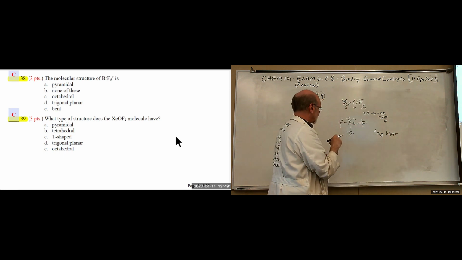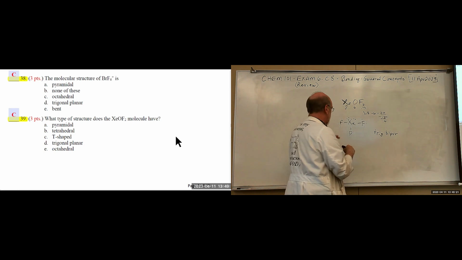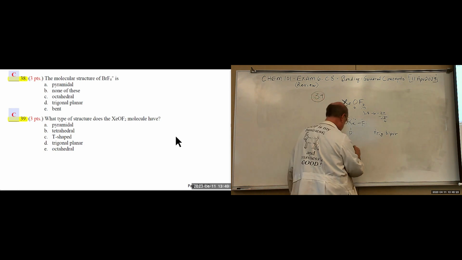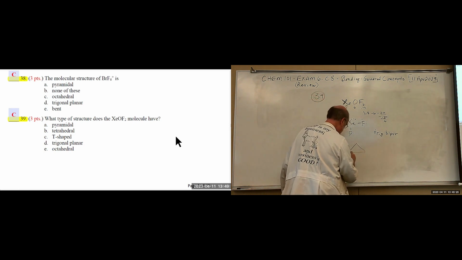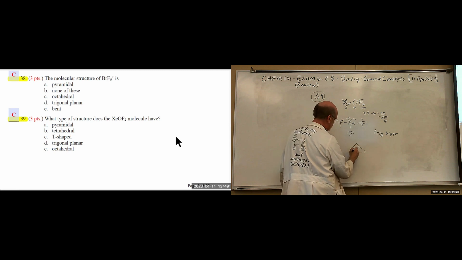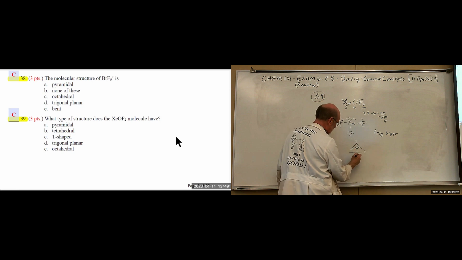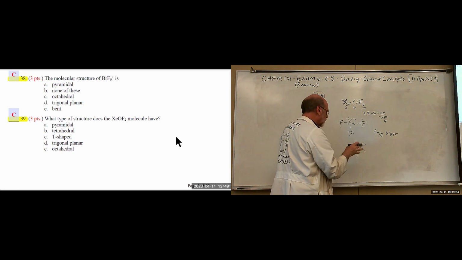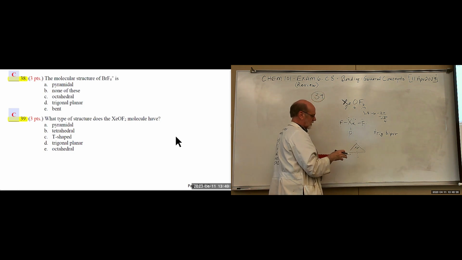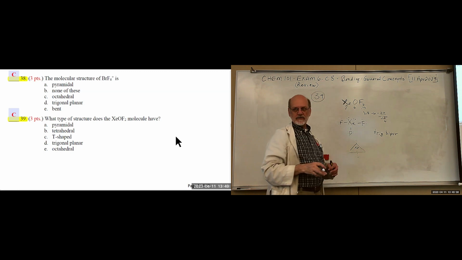Okay. So what happens to a trigonal bipyramid when you do one of these numbers? I put xenon in the middle like that. Where do the lone pairs go? The lone pairs tend to go on the triangle part.